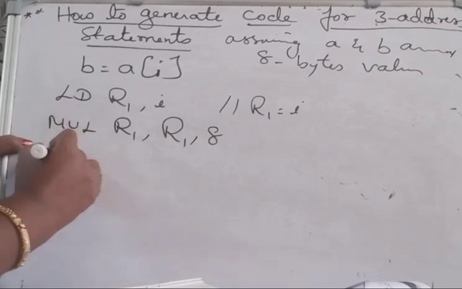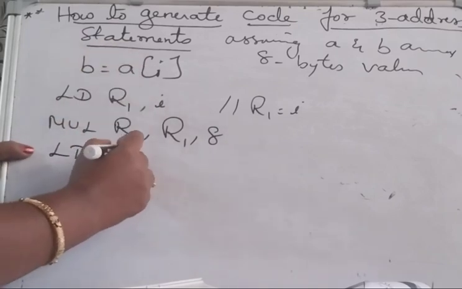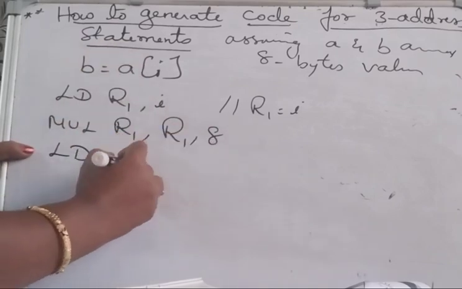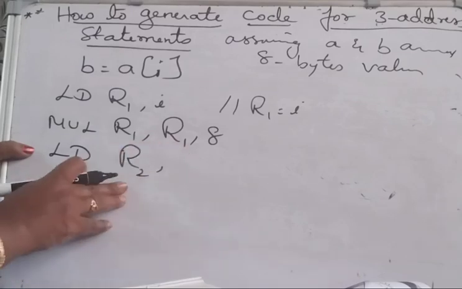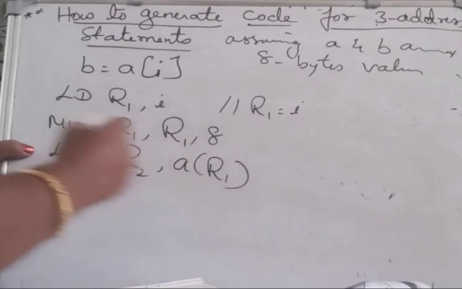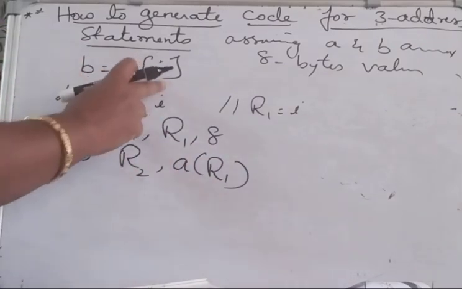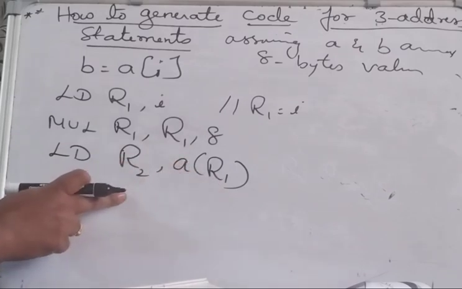Next is load. This is an array. After multiplying, load into register r2 the value a of r1. So a[r1], the value of a[i], is stored into register r2.